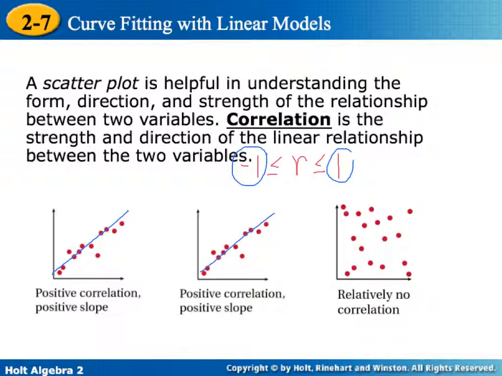Its direction is positive as well. But the graph on the right really just looks like there's no pattern whatsoever to the data in the scatter plot. So it has a correlation very, very close to 0. So the lousiest correlation you can get is 0.